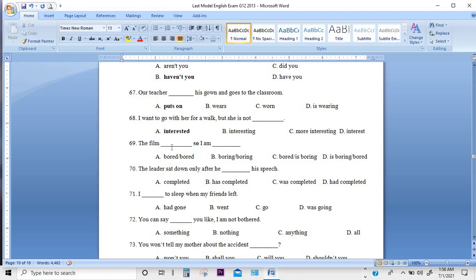The film is a subject, followed by a verb. I am dash so, here we expect an adjective.